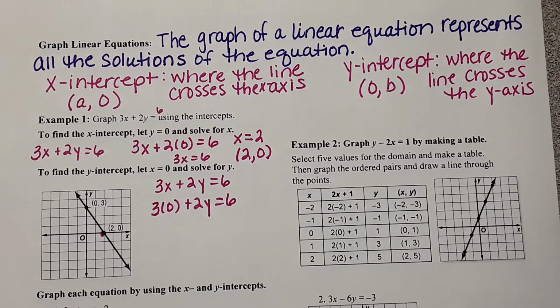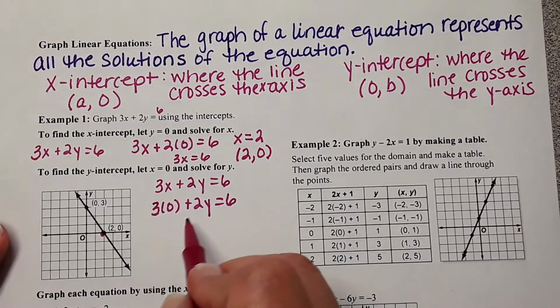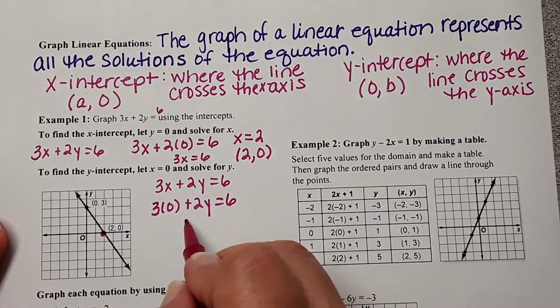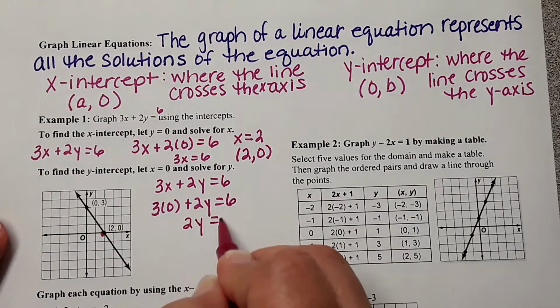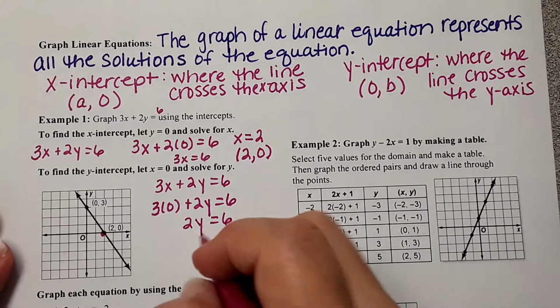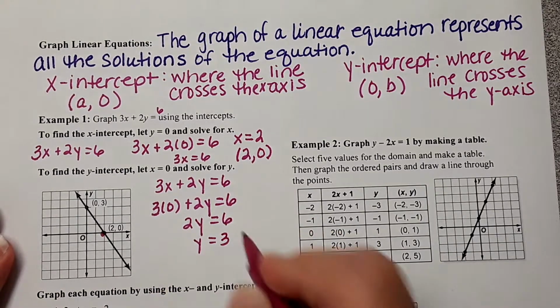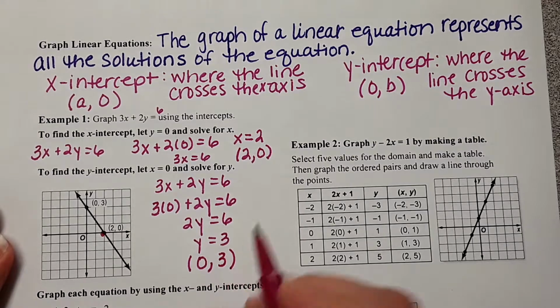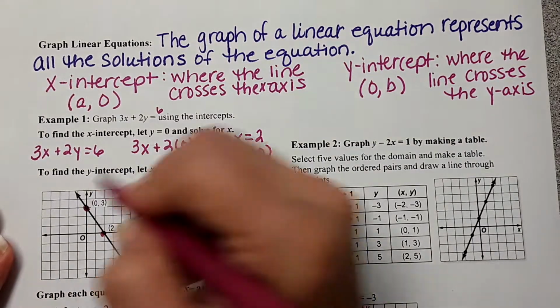To find the y-intercept, we plug in 0 for x. And look, you guys, when we plug in 0 for x, 3 times 0 is 0. We're left with 2y equals 6. Well, what is 6 divided by 2? So our y-intercept is (0, 3), and then we graph it.